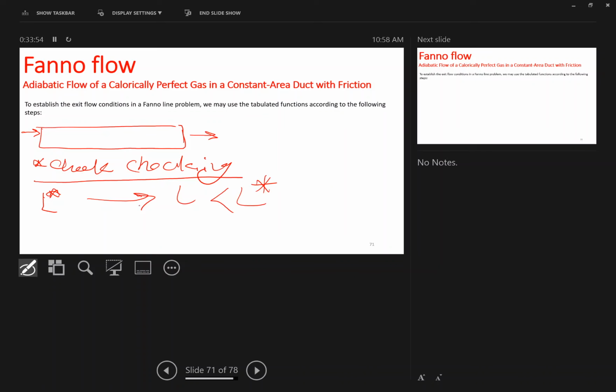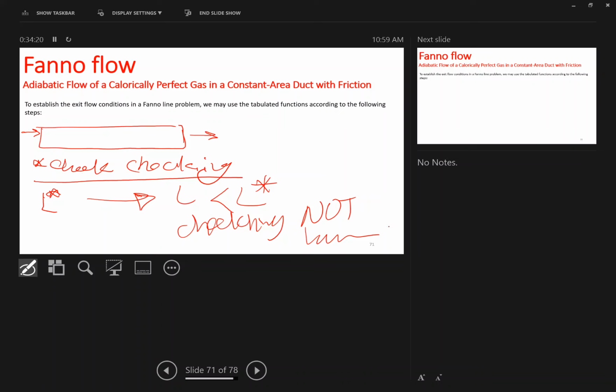So what does this mean? You won't reach the choking condition. Exactly. So the choking condition will not happen. I'm going to write this down: choking not happening. You get the idea.